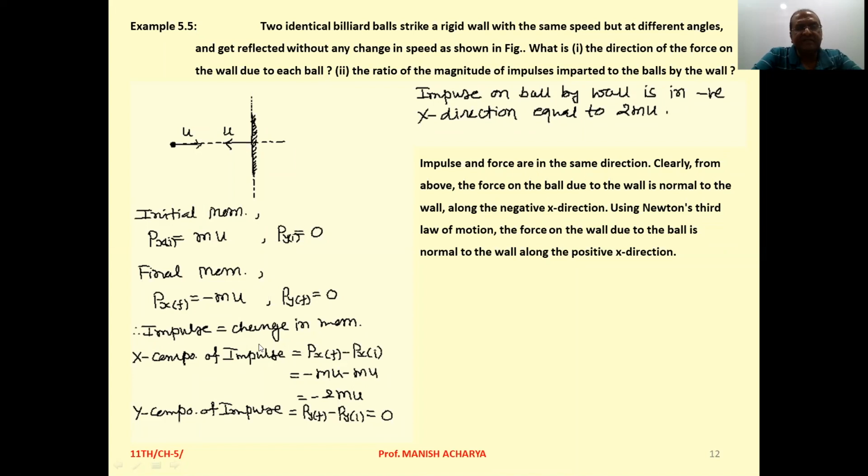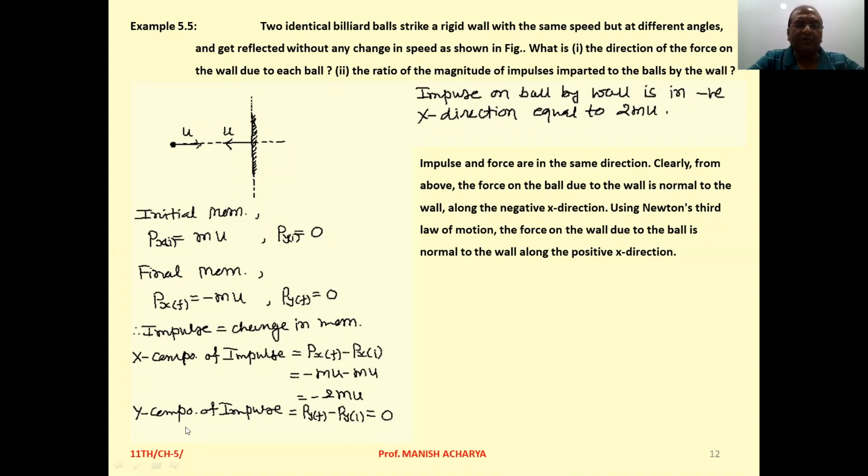Now impulse is the change in momentum. The x component of impulse is the x component of final momentum minus the x component of initial momentum, that is minus mu minus mu, so you will get minus 2mu.